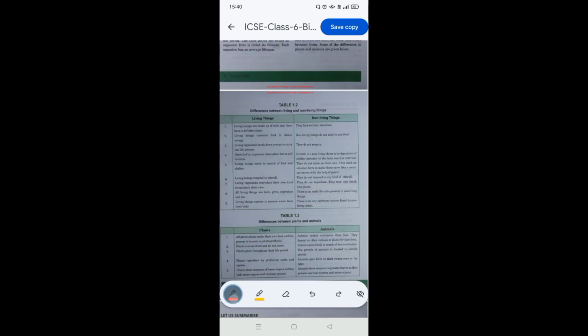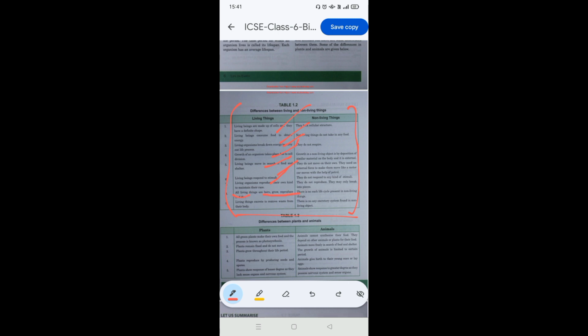Differentiate between living things and non-living things. So over here, table 1.2 differentiates living things and non-living things. First, they are made up of cells. Next, they consume food for energy and break it down to carry out their life processes, growth of an organism, and they move, they respond to stimulus, they reproduce, they are born, grow, reproduce, and die.